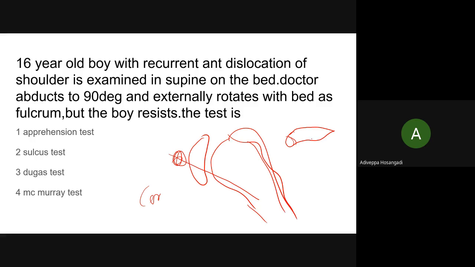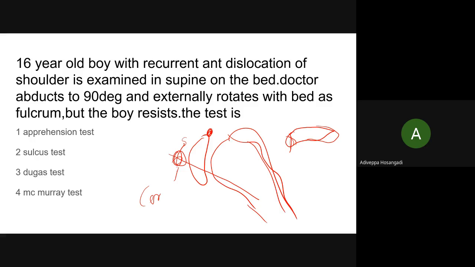What are the muscles attached to the coracoid process? If anybody can tell me quickly, I'll be happy. But I will restrict myself to the tip of the coracoid process, which gives origin to two muscles. One is coracobrachialis, another is the short head of the biceps. The long head of biceps originates from elsewhere, isn't it? The short head of the biceps originates from the tip of the coracoid process.